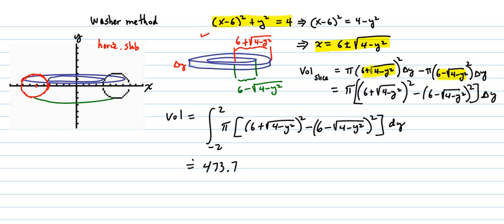So the volume of the large disk is pi r squared h, and the inner is similar. So you just subtract off the big disk minus the core center, and you get this expression here.